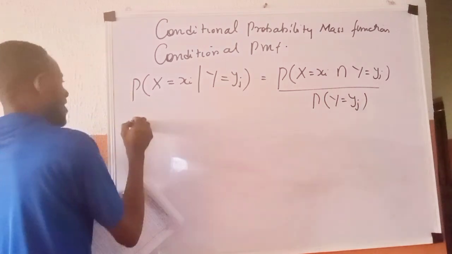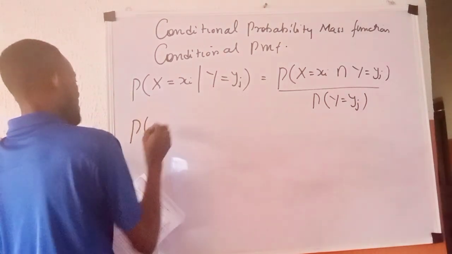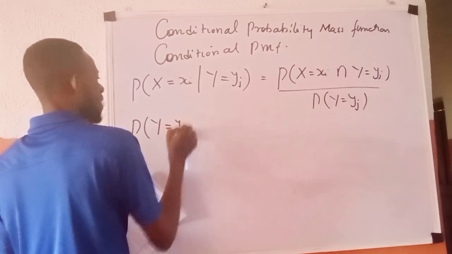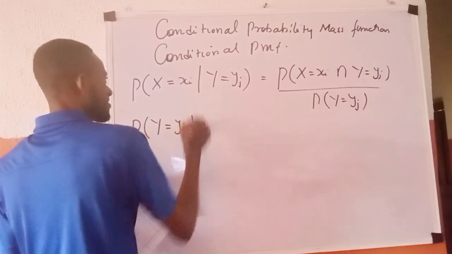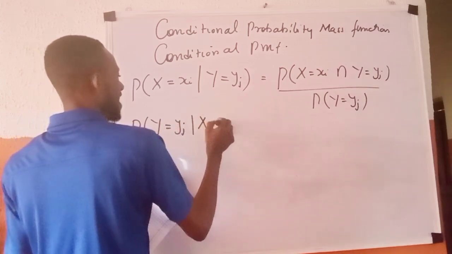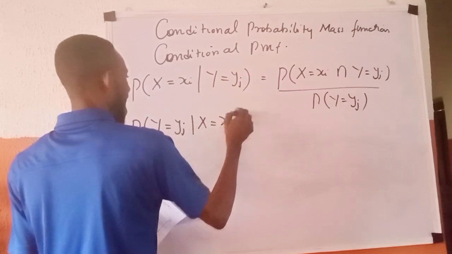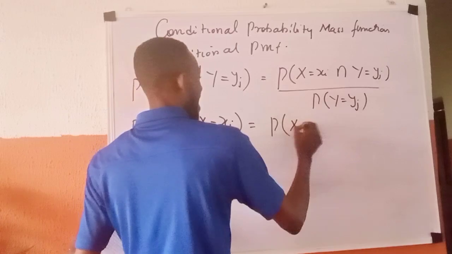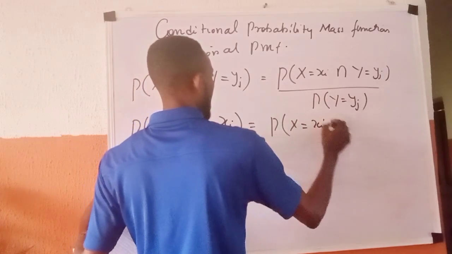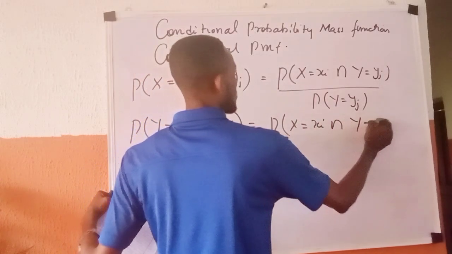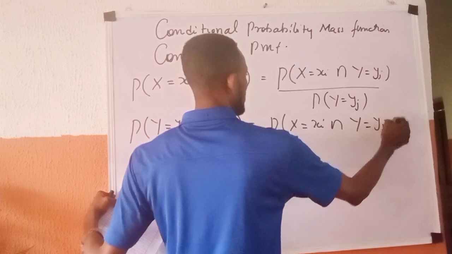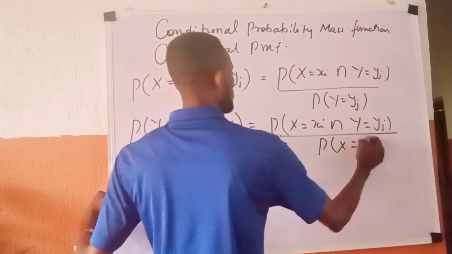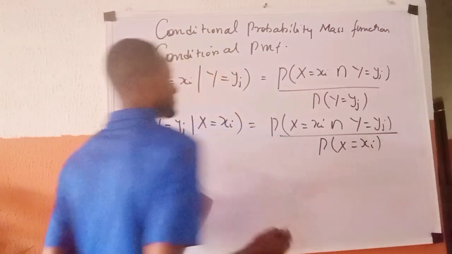So when you talk about the conditional probability of Y taking a value yj, given that X has taken a value xi, we say this is given as P of X equals xi intersection Y equals yj, all over P of X equals xi.